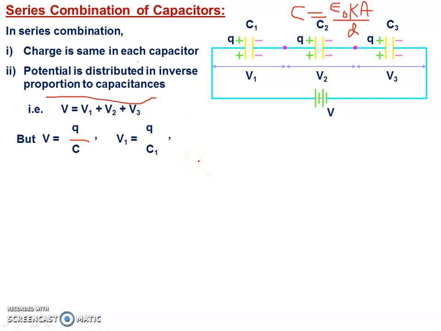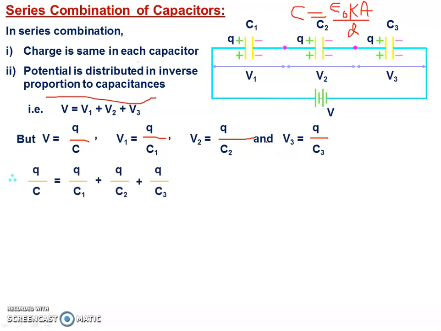Similarly, V1 is equal to Q divided by C1, V2 is equal to Q divided by C2, and V3 is equal to Q by C3. Now substitute the values of V, V1, V2, V3, so we can get this formula. Now Q cancels out from each side.